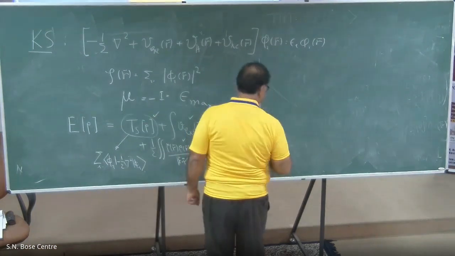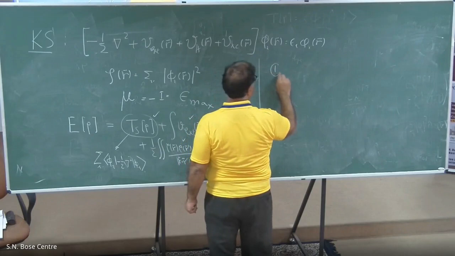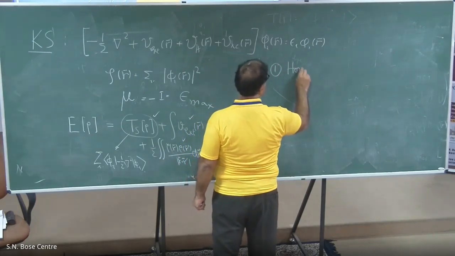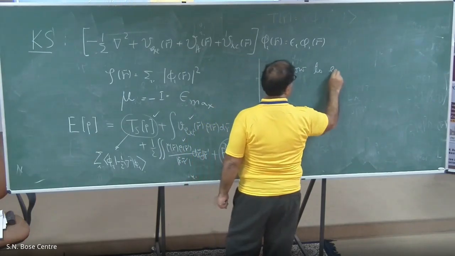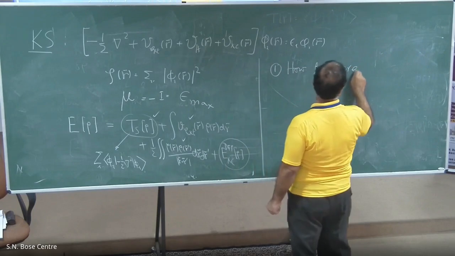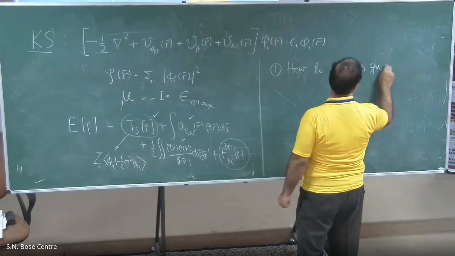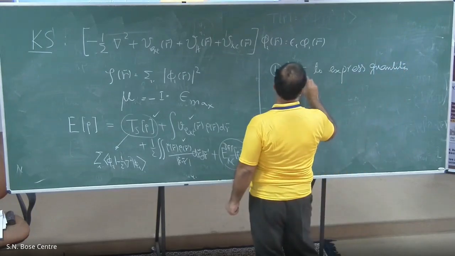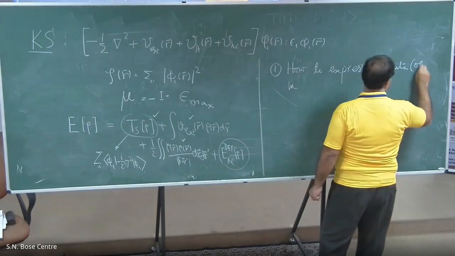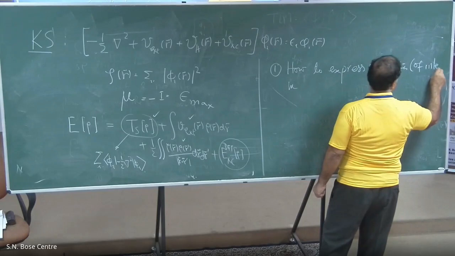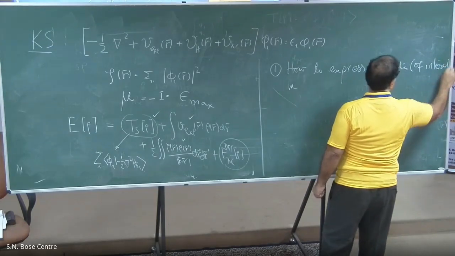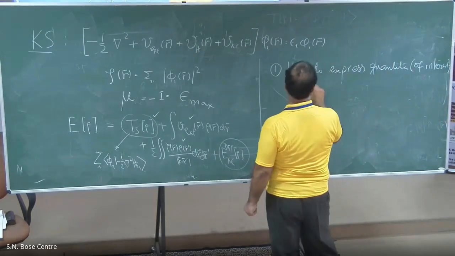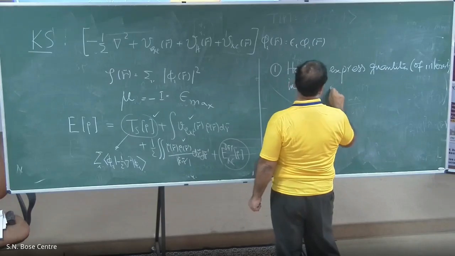Question number one: how to express quantities of interest in terms of this.